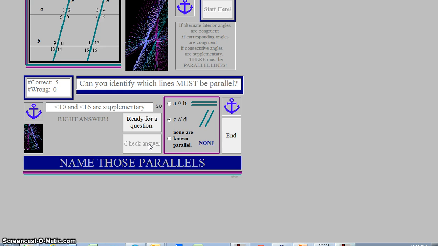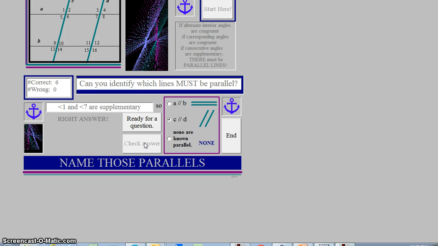So you're welcome to refer back to the GeoGebra file, or to just keep trying questions until you see the relationships. When angle 1 and 7 are supplementary, that only happens when 7 can be mapped onto 5. And that only happens when C and D are parallel.